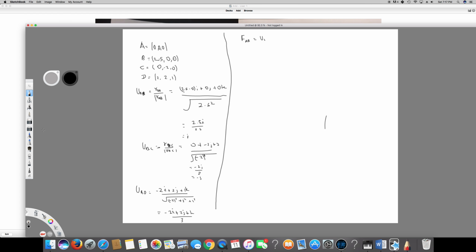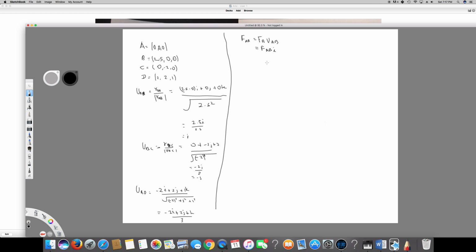I call this FAB. So the answer is going to be the unit vector times this number. The unit vector is this number, so I have to multiply by the force. It's going to be FAB times the unit vector. So the final answer is going to be FABI, because only I is remaining for FAB.